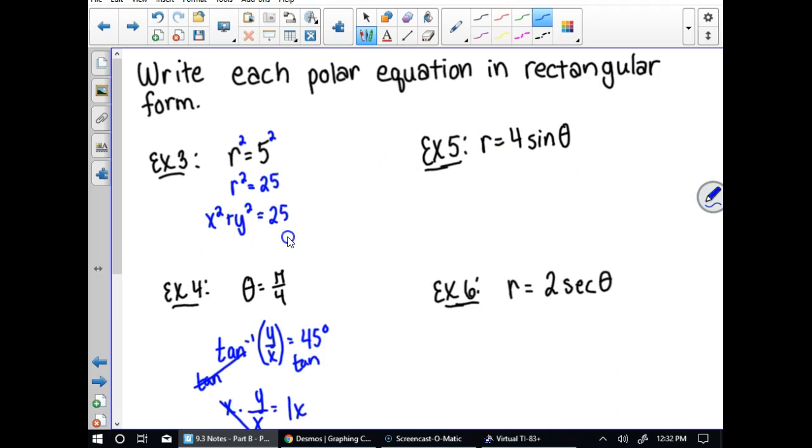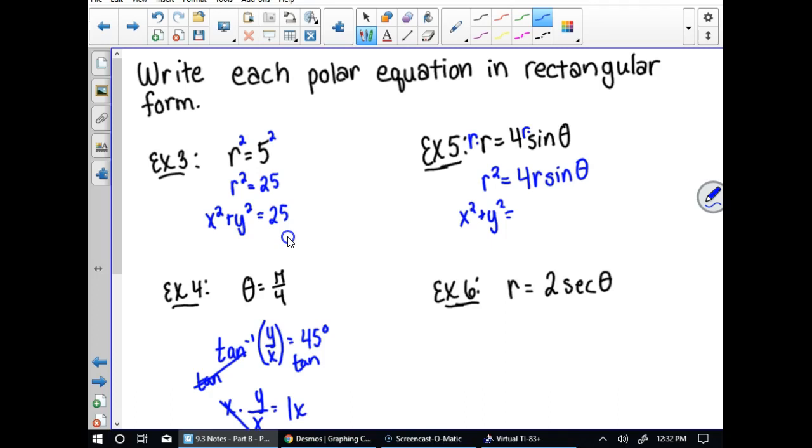Okay, the other way is to multiply by r. If I multiply this side by r and this side by r, that gives me r squared equals 4r sine theta. And let's see why this is so much better. r squared is x squared plus y squared.